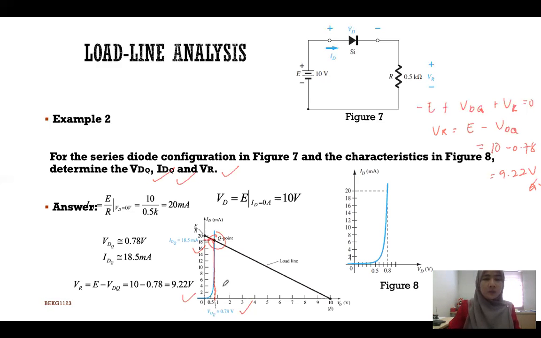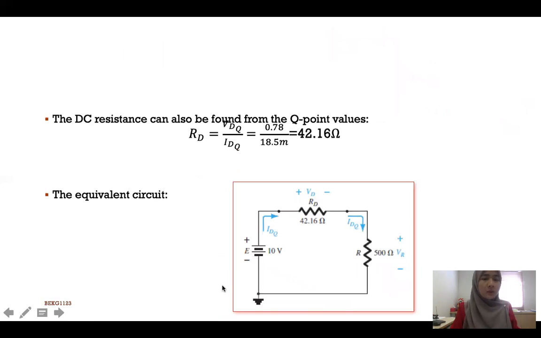Another parameter that you can also determine is the DC resistance. Over here, the DC resistance can also be found from the Q point value. DC resistance is actually the RD, the resistance at the Q point.